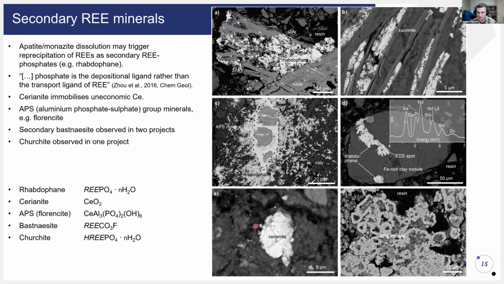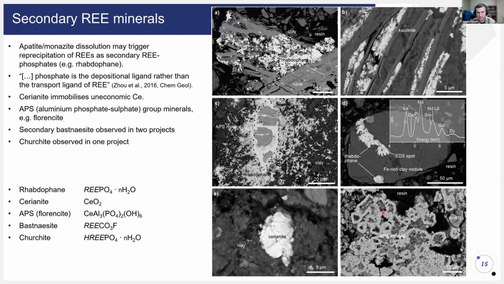It rather likes to form as an oxide phase here. So that's also, as far as I know, the only rare earth oxide that exists as a mineral approved by the IMA. That's actually good news if you form cerianite for the explorer, because as we know, cerium is a waste product and cerianite is quite insoluble. So if the company does their leach test, they would not get any cerium in solution.